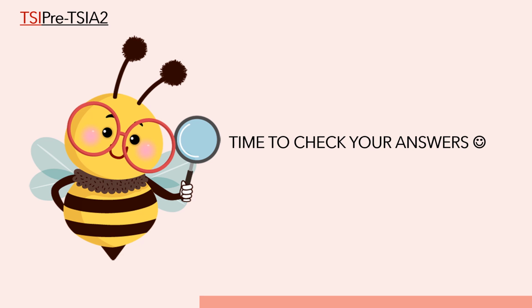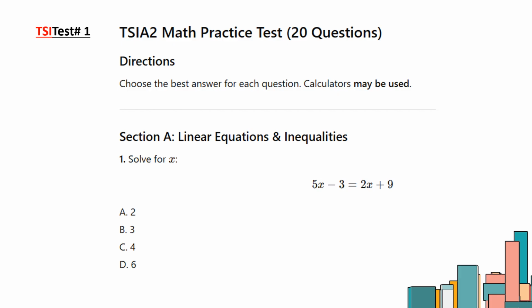So now it's time to check your answers. Question number 1. Solve for x. So we have 5x minus 3 equals 2x plus 9.